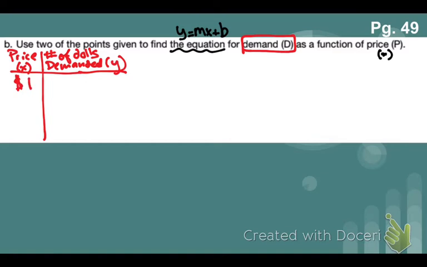So if we looked back at our table, we had $1, $2, and $4. Those were the same. Then our number of dolls demanded were 530, 400, and 140.